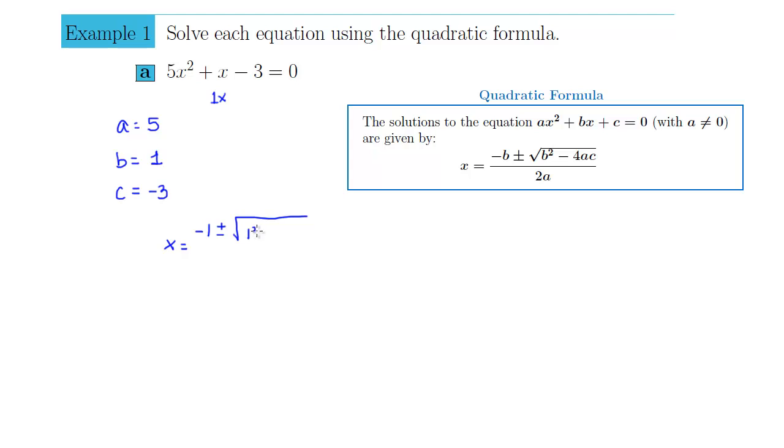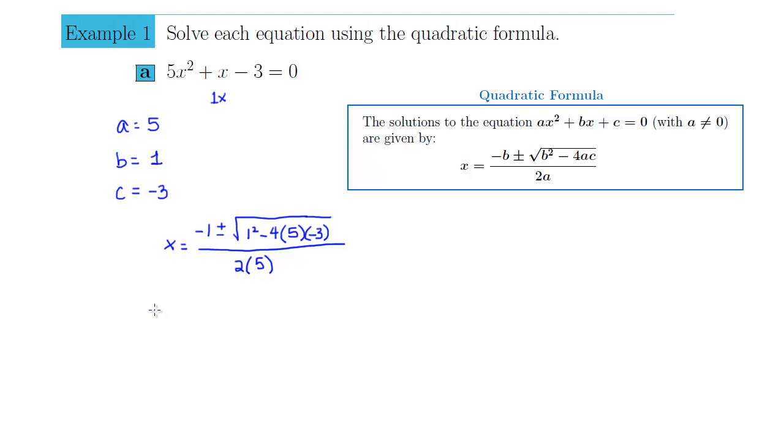So we'll have 1 squared minus 4 times a, and our value of a is 5, times c, and our value of c is negative 3. That's all underneath the square root. Now, in the denominator, we have 2 times a, and a again is 5. So we've now placed all of our values into the formula.